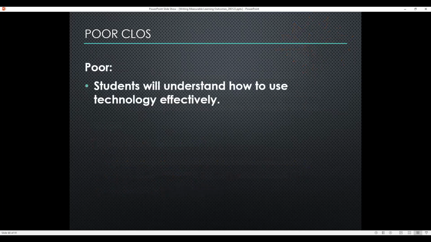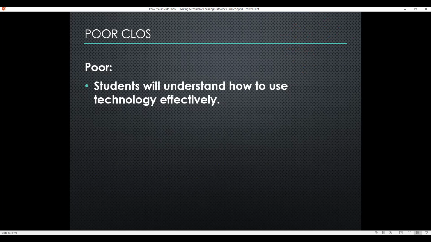Next one: students will understand how to use technology effectively. Any suggestions? Students will be able to use, and then specify the technology in question.